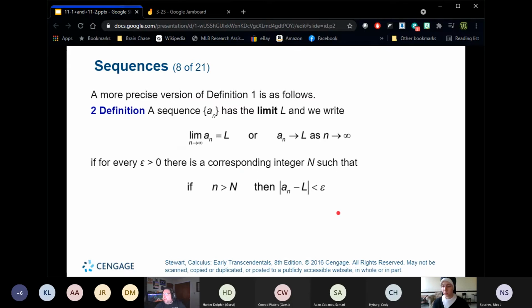So it says for every e, there's a corresponding integer of n that says that as long as n is greater than, basically, as long as the difference between them is getting smaller, it's going to converge to a specific value, is basically what it is. So as long as those differences are getting smaller and smaller, it's converging down to a specific point.